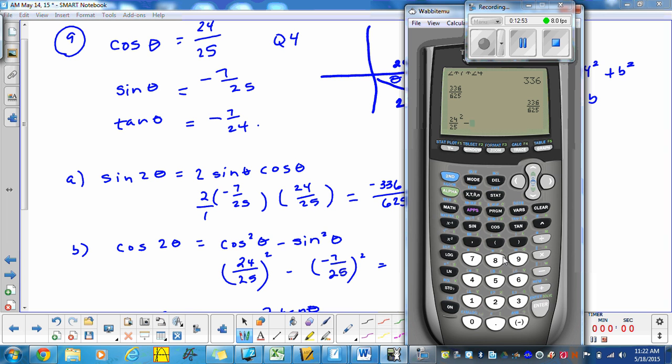Minus, and I'm going to put my negative in first. Minus negative 7/25, and that one's also squared. We get 527 over 625.